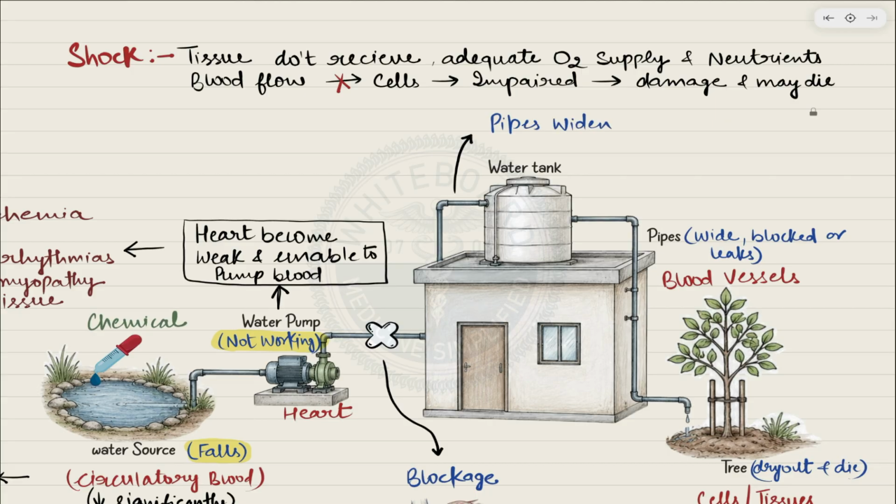Because the same amount of water is now flowing through a much larger pipe network, the pressure within the system falls, making it harder for water to reach the tree efficiently. Furthermore, the same chemical also makes the pipes leaky, allowing water to escape into the surrounding soil before reaching its destination. Consequently, the tree receives much less water than it actually needs.